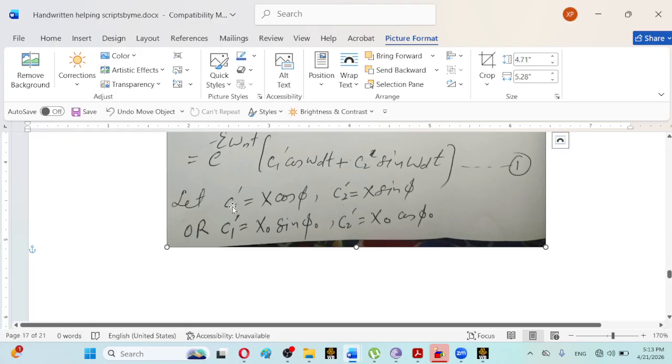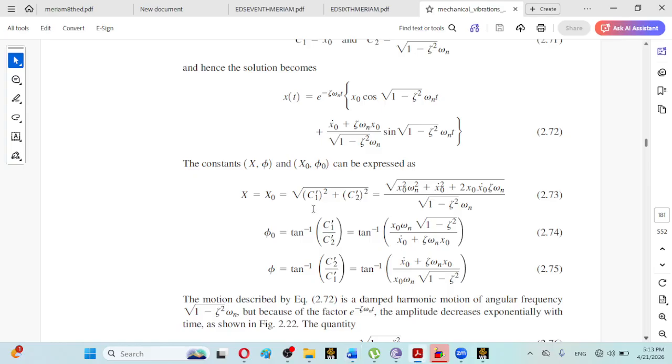So here, c1 dash and c2 dash, if we want to find x, we take their squares and sum them up, c1 dash square and c2 dash square. When they are added up, we get x square cos square phi and x square sin square phi, so x square is taken common out, and cos square phi plus sin square phi will be equal to unity, because this is the identity. That means capital X or x naught in this case, both will be satisfied using this.